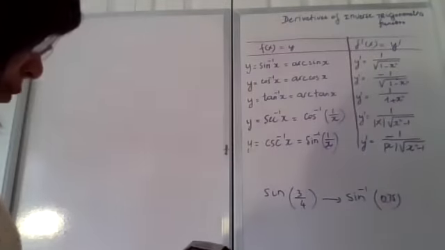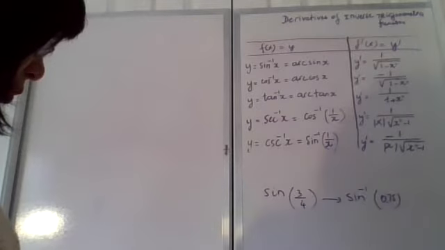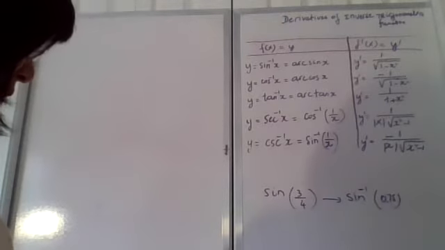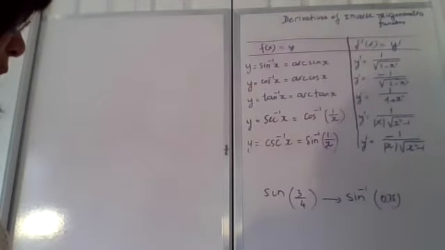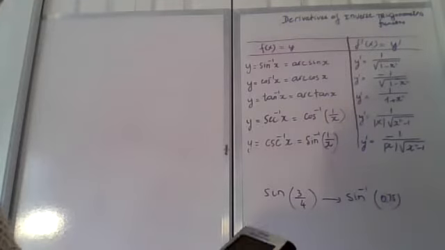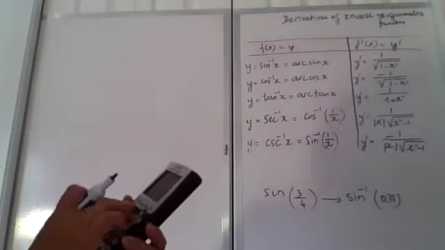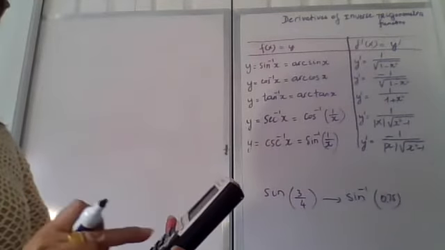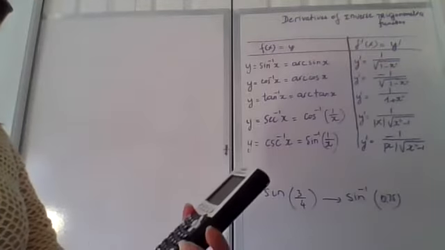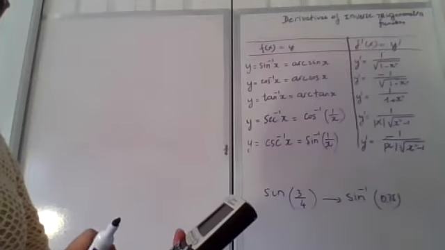So let's do sine minus 1 of 0.75. It has to be in radians, right? Let me check the mode a bit. Yes, in radians.